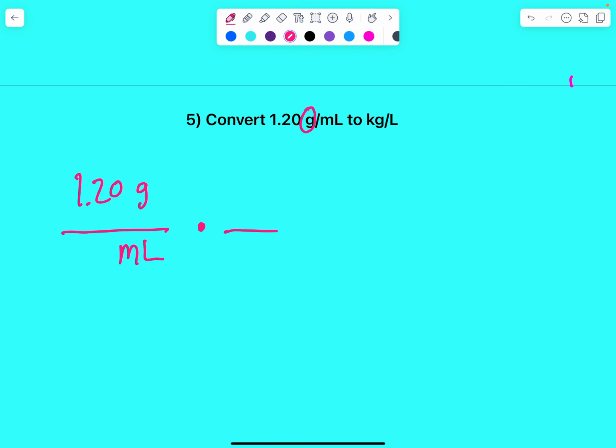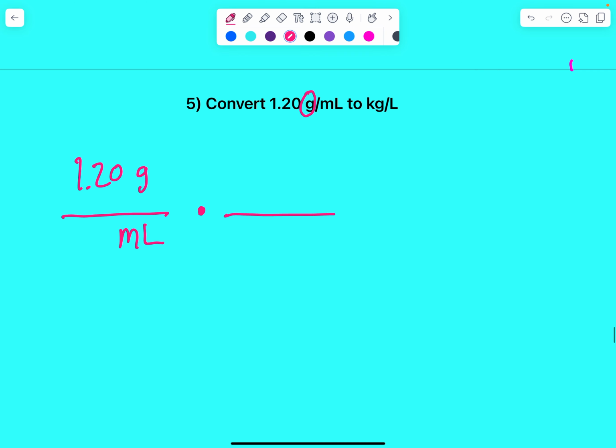I know I have to get rid of grams, so I'm going to put grams right there. Just kind of brainstorming. And I know I need to get rid of milliliters. Can I get rid of milliliters when it's in the denominator? No. If this is in the denominator, it's going to have to be in the numerator. So I'm going to put milliliter up here. Then that would cancel out.